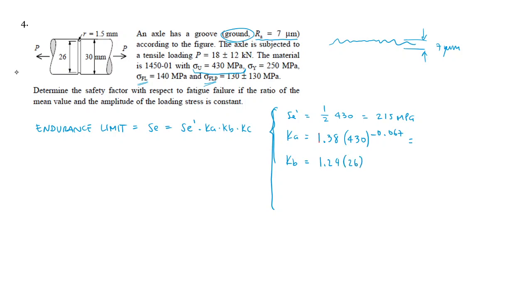The highest stress is going to happen at the groove, so I'm going to use the 26, to the power of minus 0.107, and KC is 0.85 because it's an axial loading. So I get these numbers, put them in the calculator, and SE from this is equal to 147 megapascals.